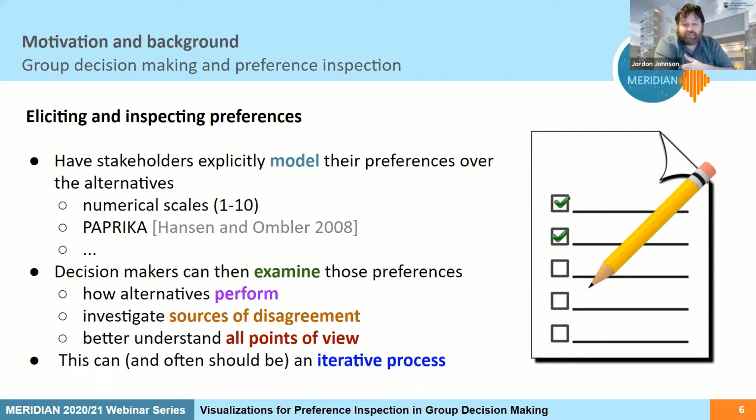This eliciting and inspecting should be done repeatedly, because if a person, through introspection while performing preference inspection, comes to realize that their preferences need to be adjusted, then that is a re-elicitation of their preferences, and we can begin the process again, hopefully to iterate towards consensus, or at the very least, to a more thorough understanding of everybody's positions.